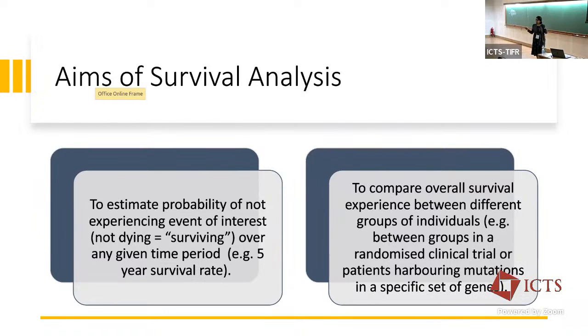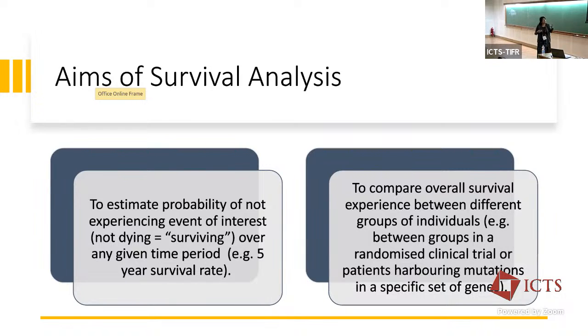So what are the aims of doing survival analysis? I think many people already in clinical trials know what we use that for very often. For example, to estimate the probability of not experiencing an event of interest, like not dying, that is surviving, over any given period of time. Or to compare overall survival experience between different groups of individuals. For example, you're studying a cohort of cancer patients. One group is being given one treatment, another is given another treatment, and you're trying to see over time how both groups survive.